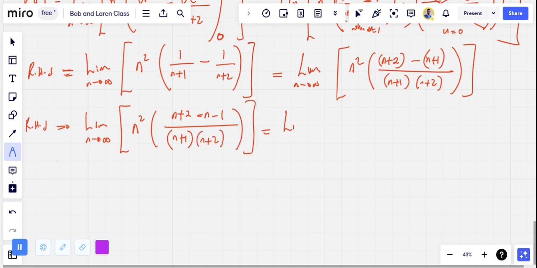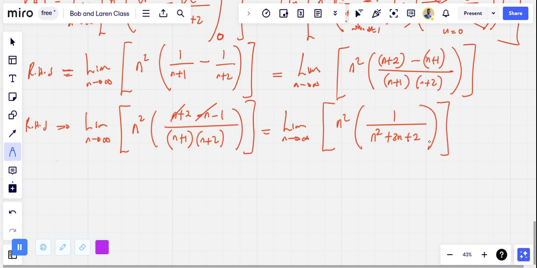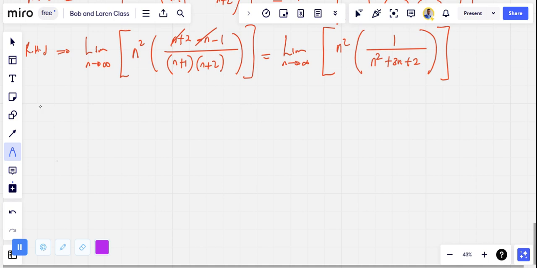That is equivalent to the limit as n tends to infinity of n squared times, n cancels minus n, then 2 minus 1, that's 1, over n plus 1 times n plus 2. If I expand this bracket, you should know that it gives us n squared plus 3n plus 2. You can try that on your own. So this right hand side is still equivalent to the limit as n tends to infinity of n squared multiplied by this, which is n squared over n squared plus 3n plus 2.